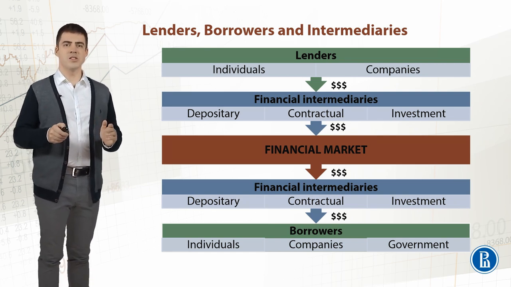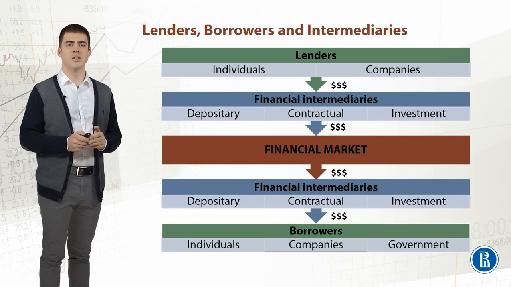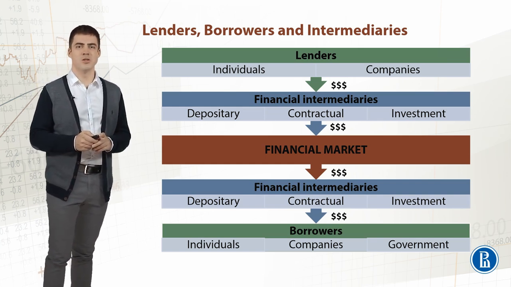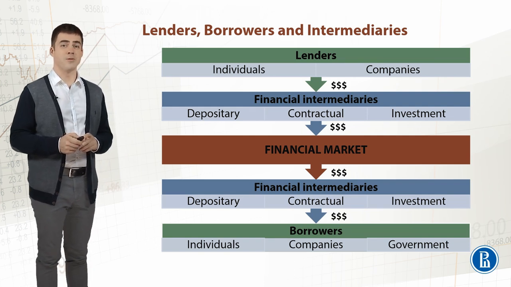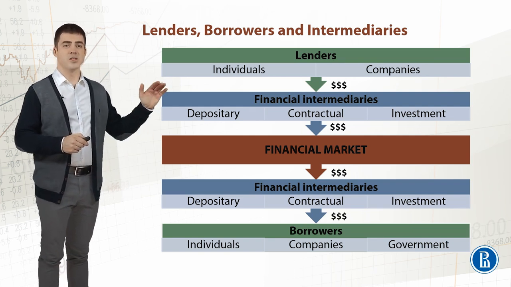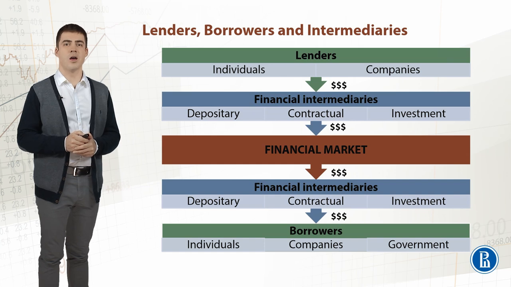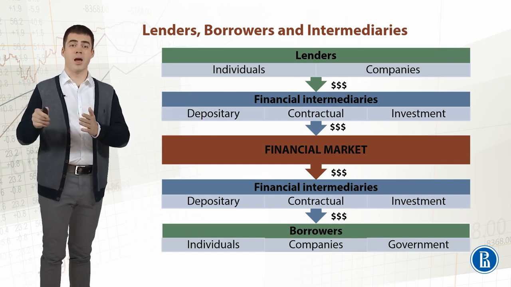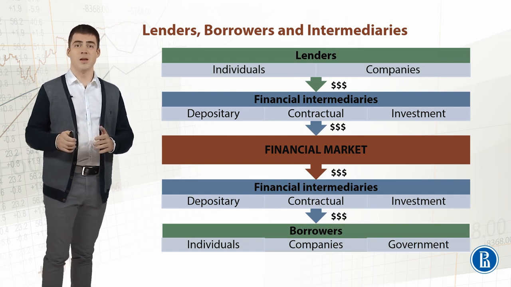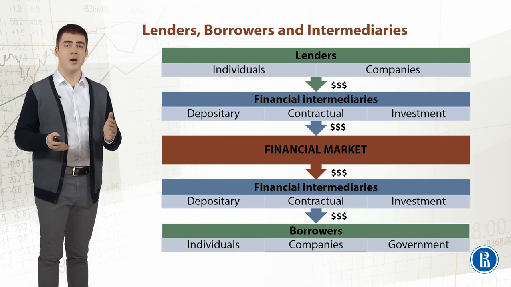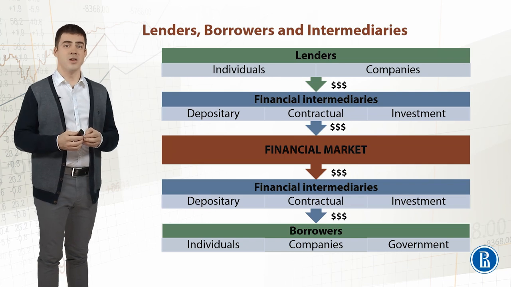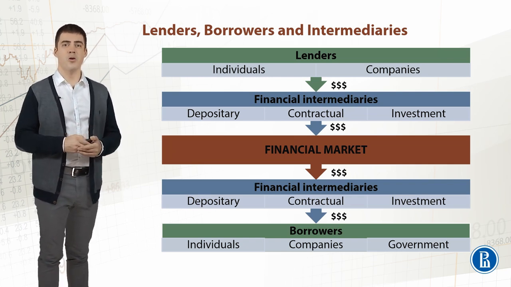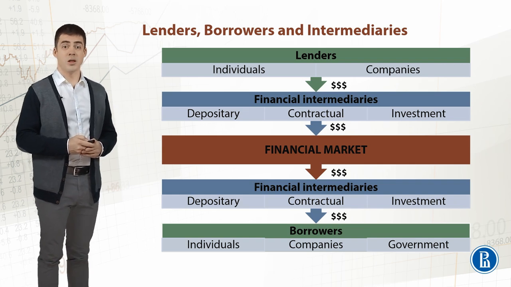So that's why in this section I would like to consider and explain various types of financial intermediaries which operate at financial markets. As you can see, financial intermediaries work both with lenders on the lender's side and with the borrowers on the borrower's side while communicating with each other at the financial market, which includes stock exchanges and over-the-counter trading platforms.